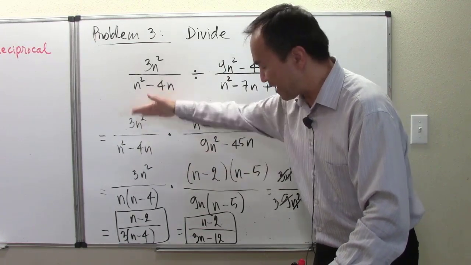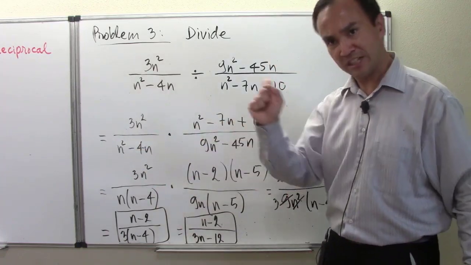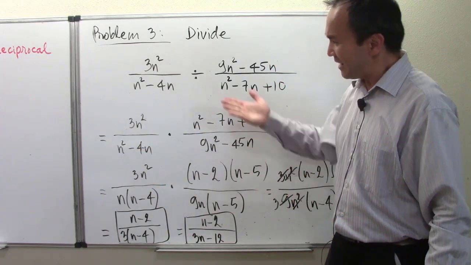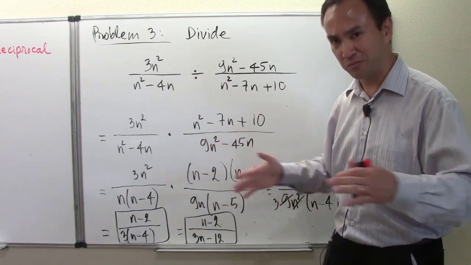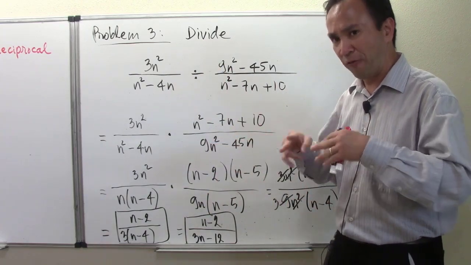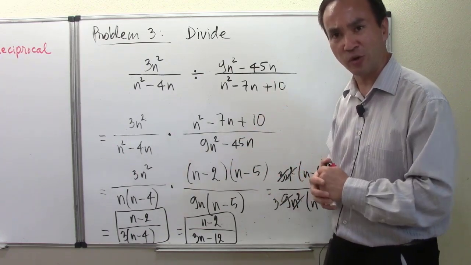After that point, everything is exactly a multiplication problem. So that's the way I'm seeing it. And so throughout this demonstration problem, we have come to a formal set of instructions for how we can divide any two rational expressions.